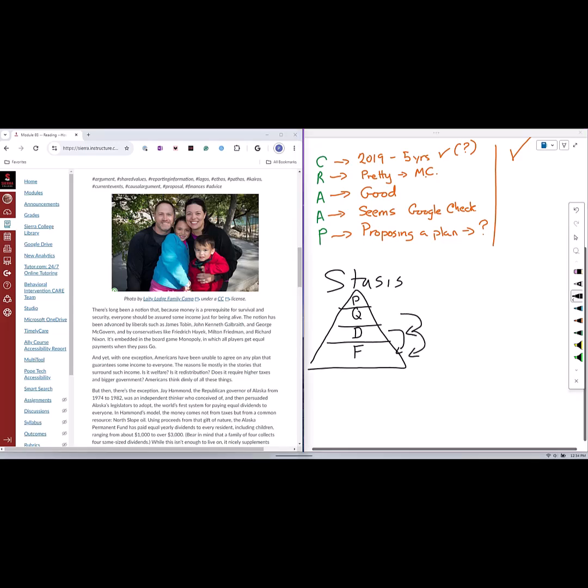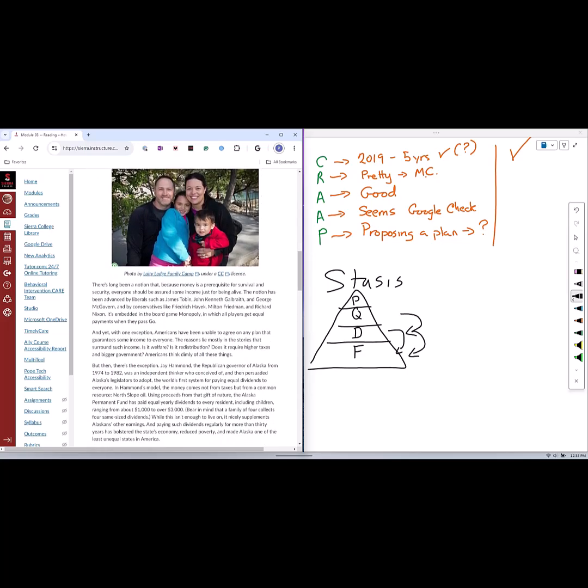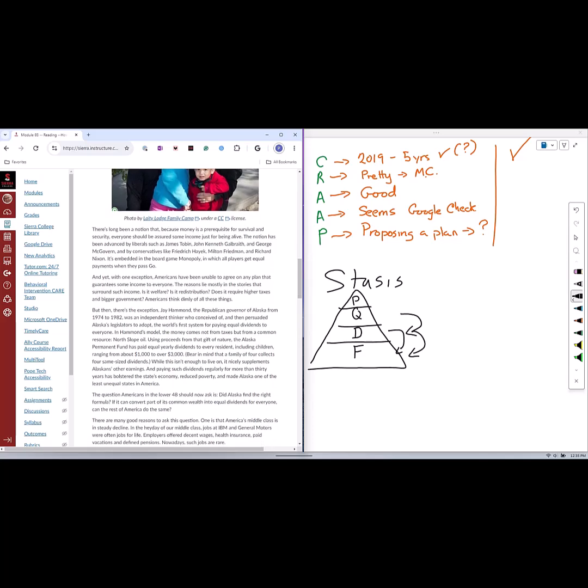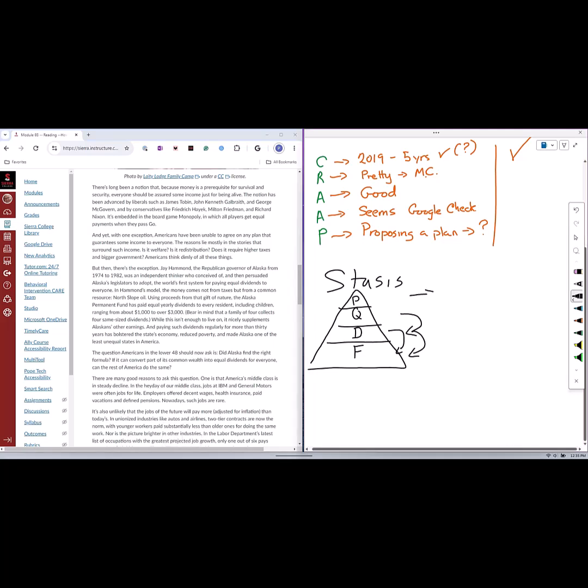So the question then is, what is the main claim in this article? And since we know that the author is proposing a plan, that means that this is primarily a stasis of policy.